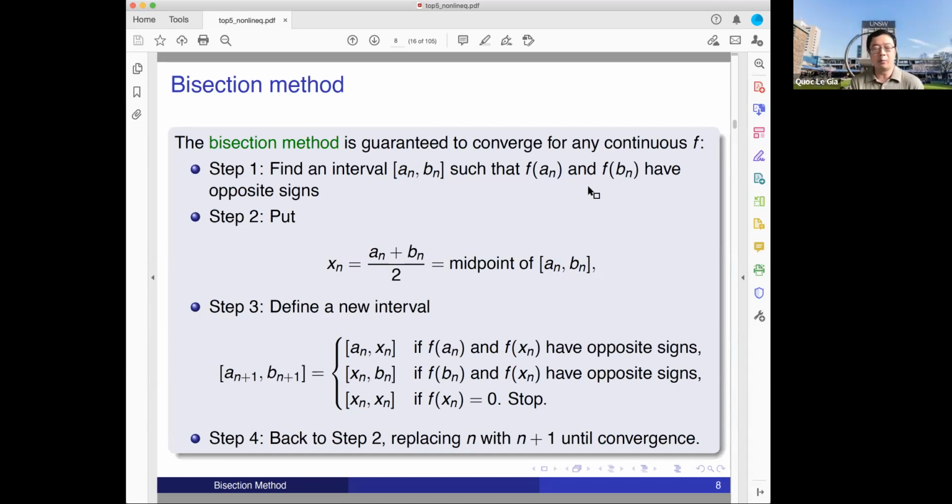Yes, the intermediate value theorem. The intermediate value theorem says that if the function is continuous over a and b, and f(a) and f(b) are on opposite sides, then it has a zero in between. So this method works based on the intermediate value theorem, and the assumption that f is continuous.